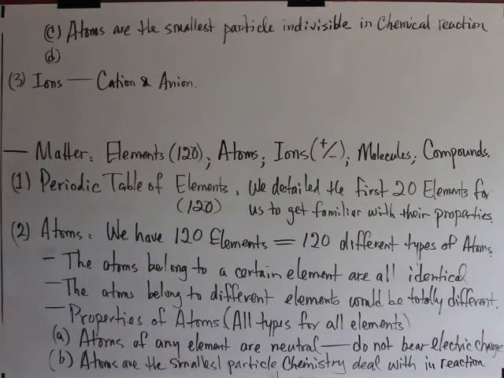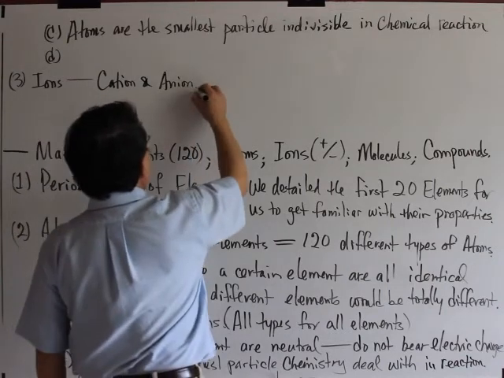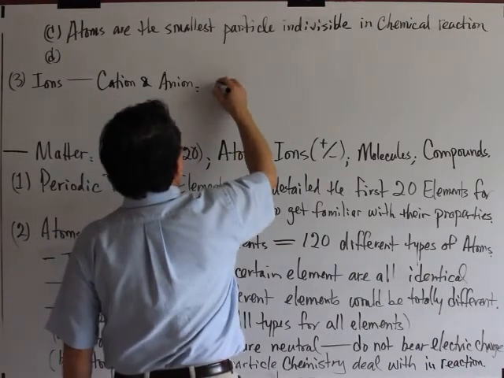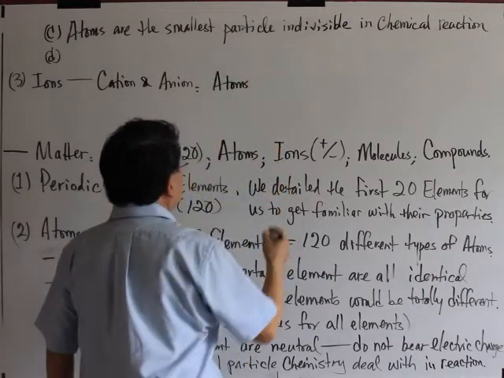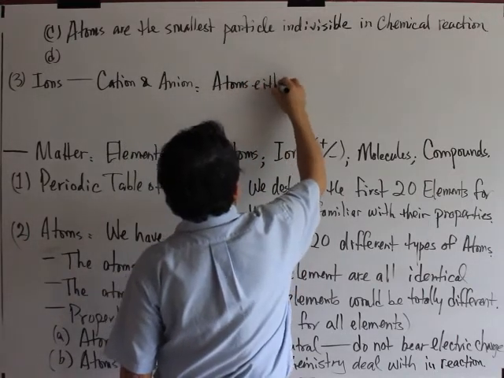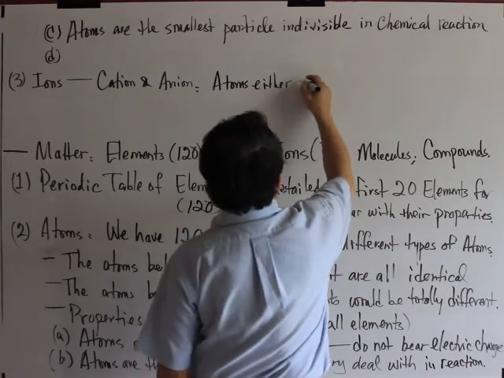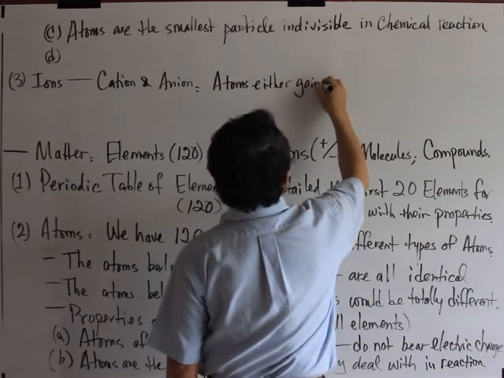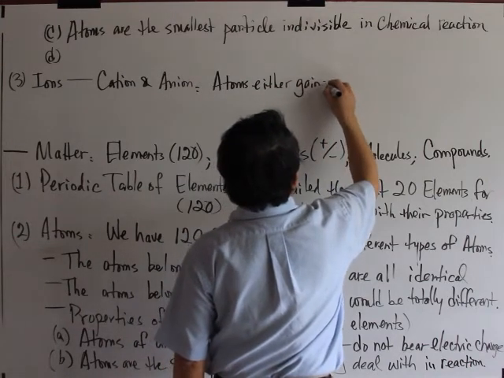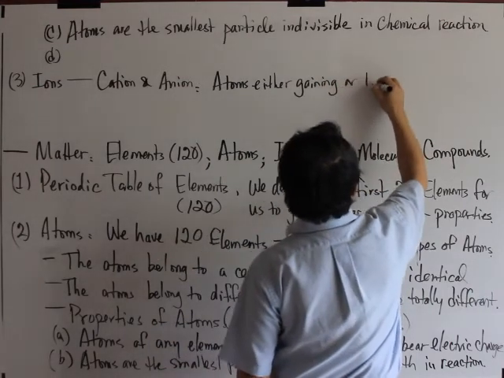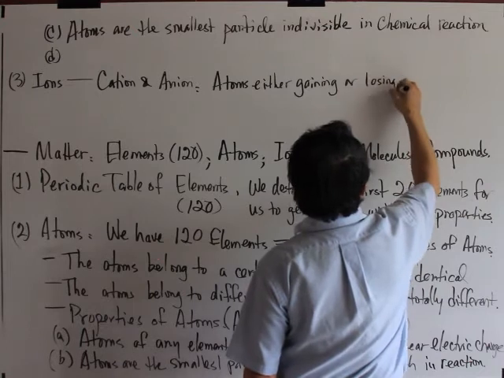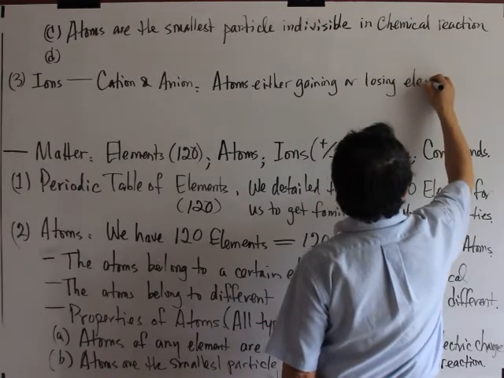Anions, right? Now, where do those cation and anion come from? They come from the atoms, either gaining or losing electrons.